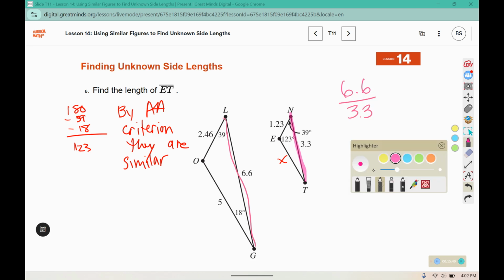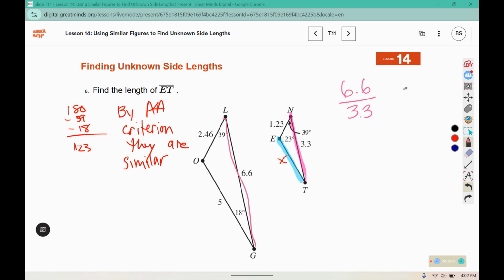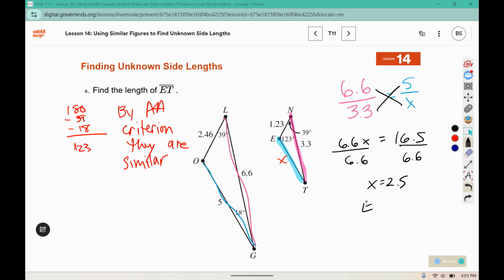And then I need a side length that matches up with this side length here for X. So I have a 5 and an X. Cross multiply. Divide by 6.6. So ET is 2.5.